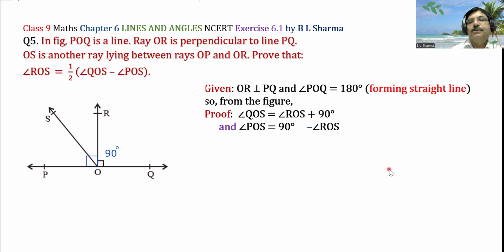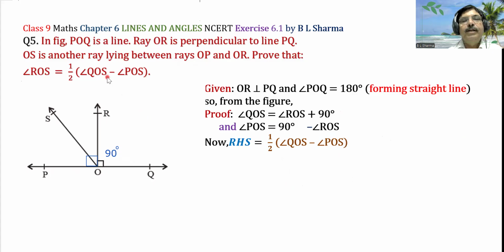फिर से समझिए इसको. हमने QOS को ROS प्लस 90, POS को 90 माइनस ROS, ये इस तरह से लिखा है. ये दोनों तरफ ROS है, देखिए दोनों तरफ 90 है, लेकिन सी द डिफरेंस. अब हम राइट हैंड साइड लेते हैं. What is right hand side? 1 by 2 into bracket angle QOS minus angle POS.